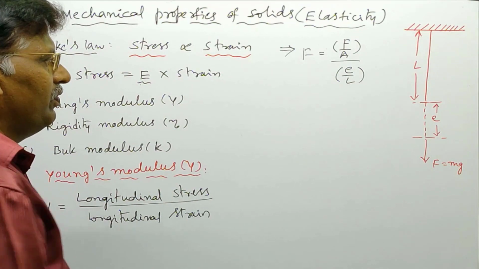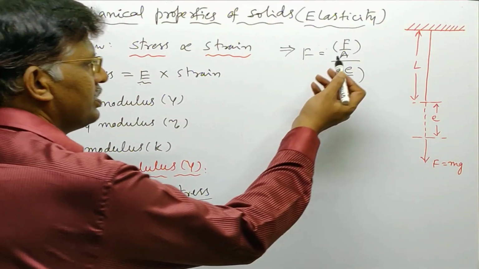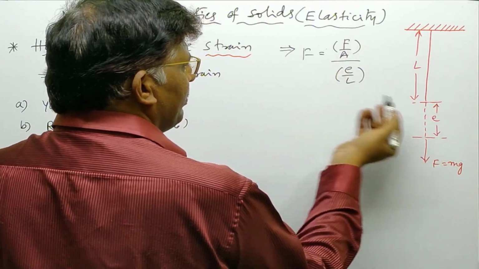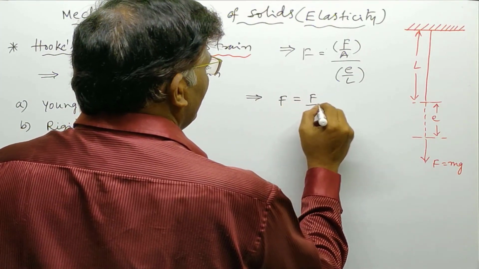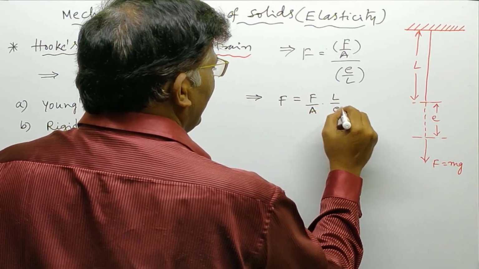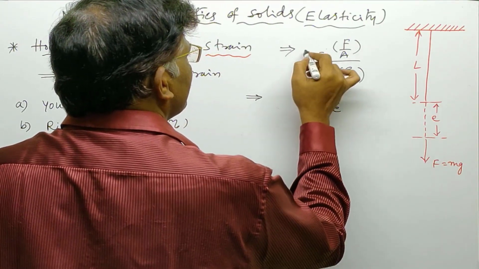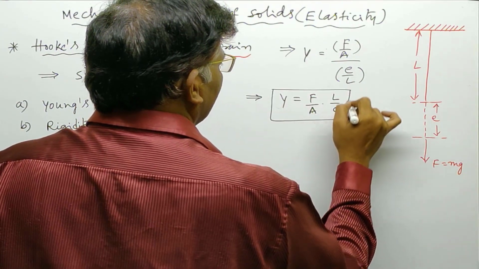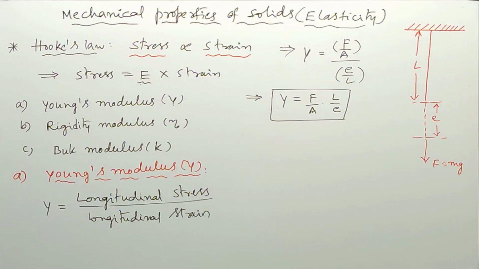If the wire extends by an elongation E, the stress developed in the wire is F by A and strain is E by L, so Young's modulus Y is equal to F by A into L by E.